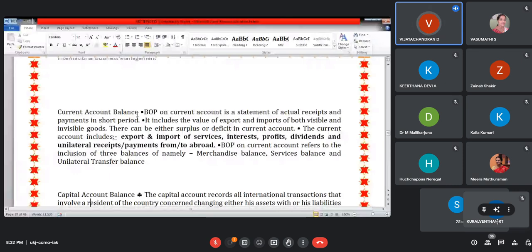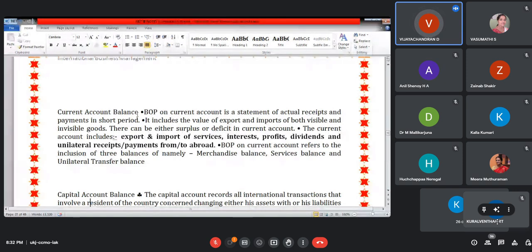Exports and imports of service and goods, not only goods but also the service, that is invisible goods, interest, profits, dividends, the payments. So everything which is recurring nature, within a short period of 1 year, will be shown in the current account.